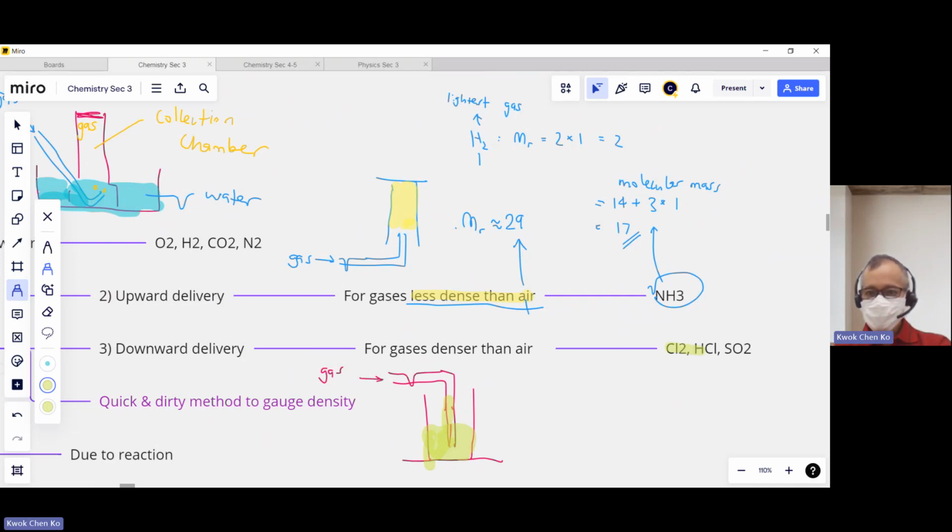Not surprisingly, this is reserved for gases which are denser than air. And this will be not just denser than air, but they are not supposed to react with water. Meaning you can't use displacement of water, so therefore you have to use downward delivery.